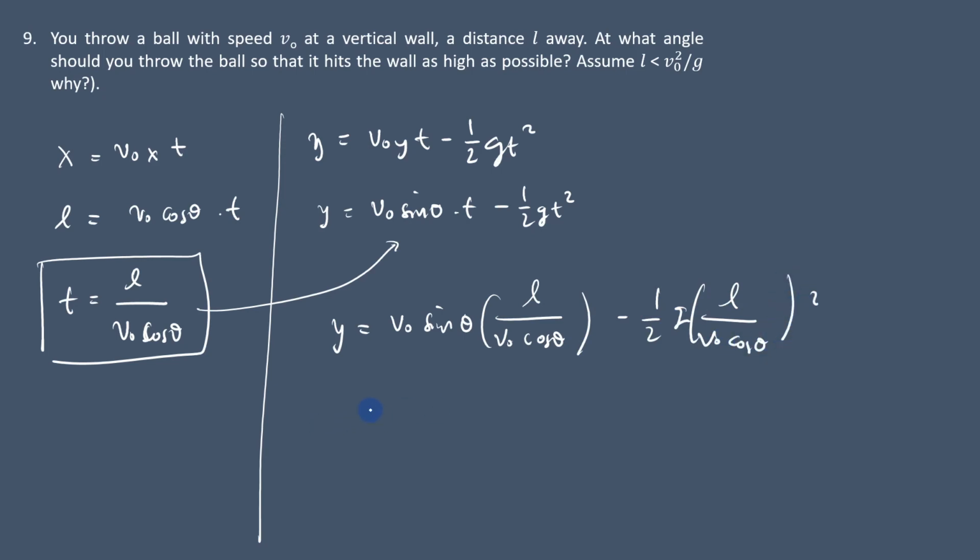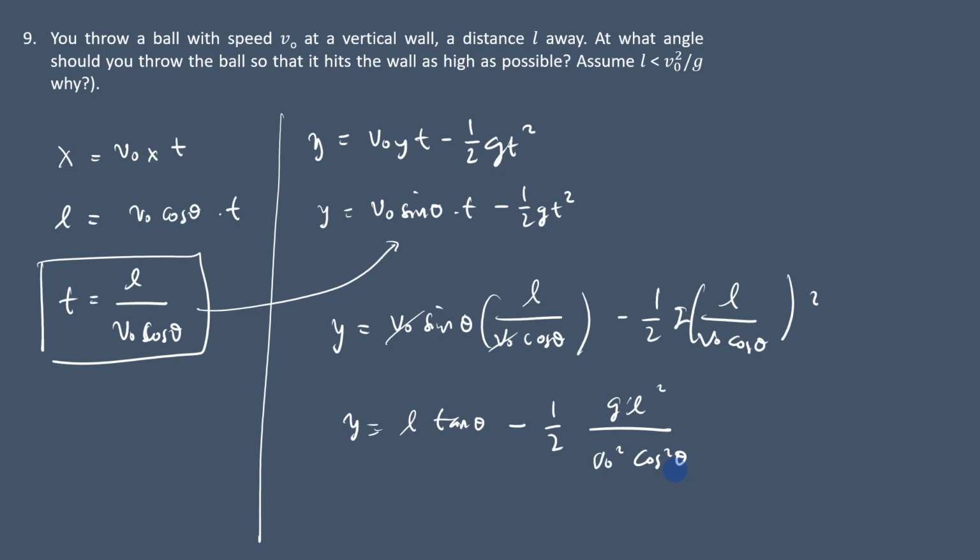Okay, we can get a simpler form by reducing this term, and we get tan θ from sin θ divided by cos θ. We can write it as y equals L tan θ minus 1/2 g L² divided by V0² cos² θ.